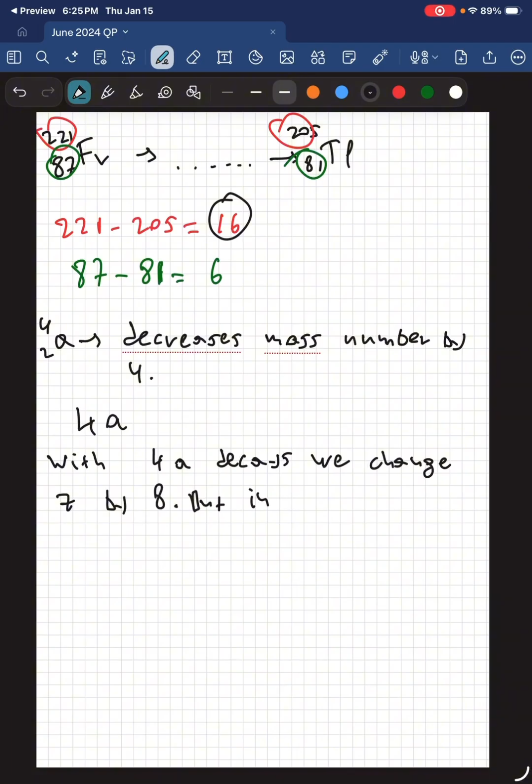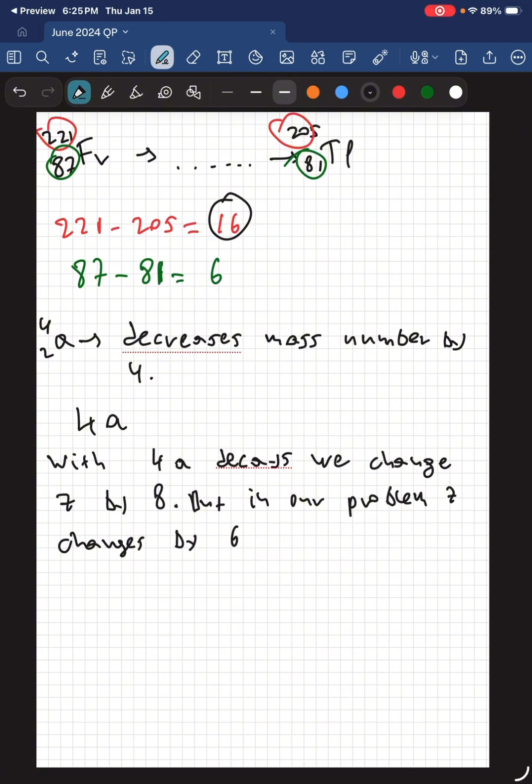But in our problem, Z changes by 6, okay? Therefore, we need 2 beta decays to change the proton number from 8 to 6, right? Because beta decay is the only decay that can change the atomic number, okay?